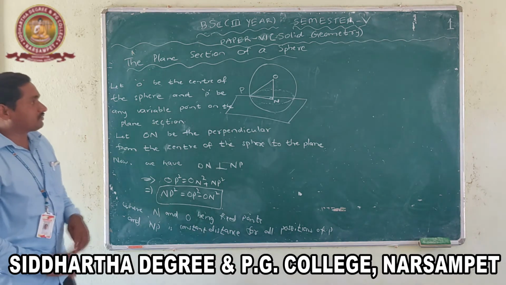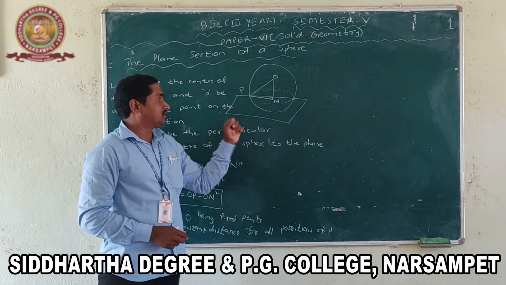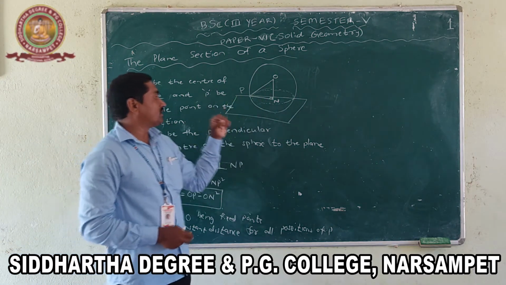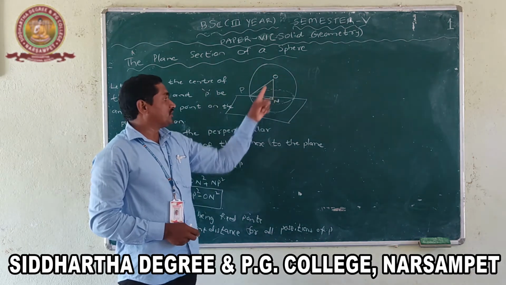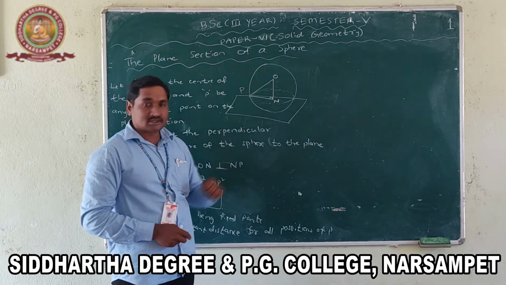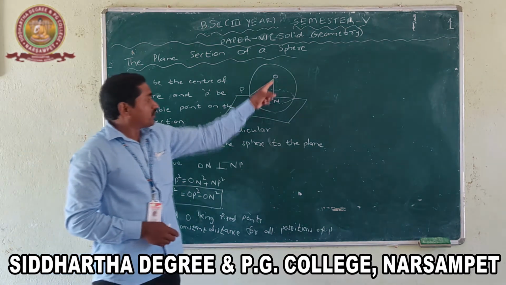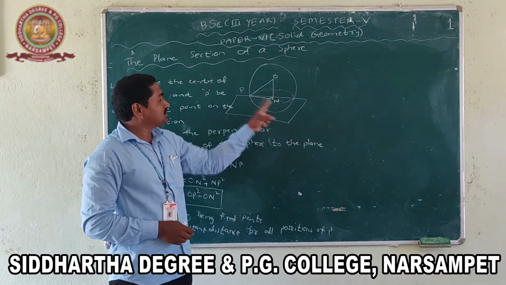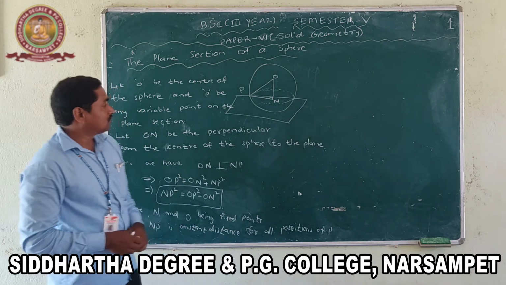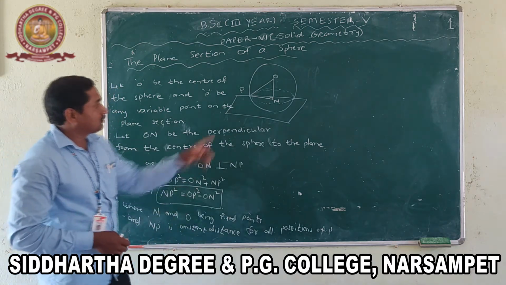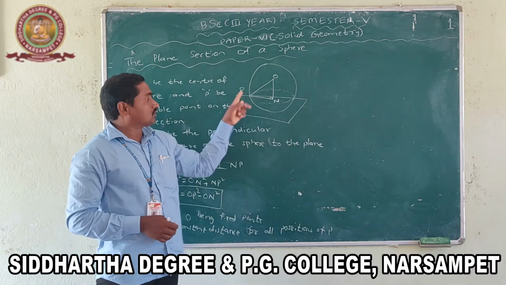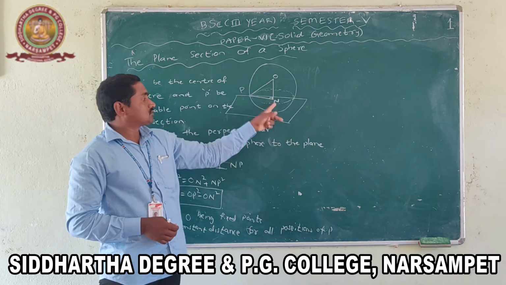For this, we have taken a sphere and a plane. We have taken P as any variable point, and ON as the perpendicular to the plane from the center of the sphere. From there, ON is perpendicular to NP, and NP is a line which lies on the plane. So by the Pythagoras theorem, OP square is equal to ON square plus NP square.